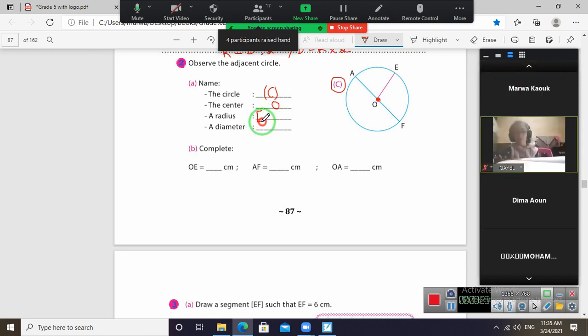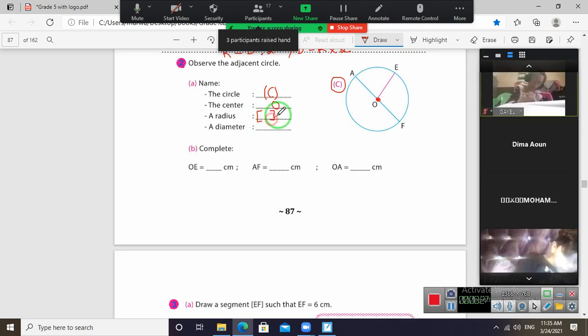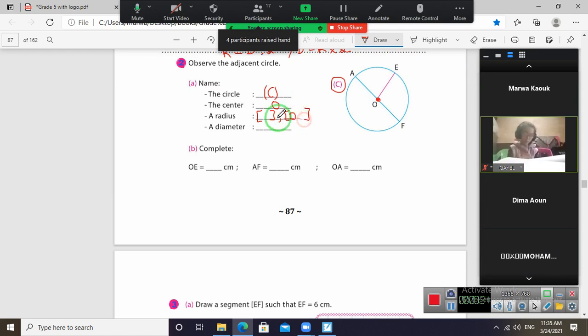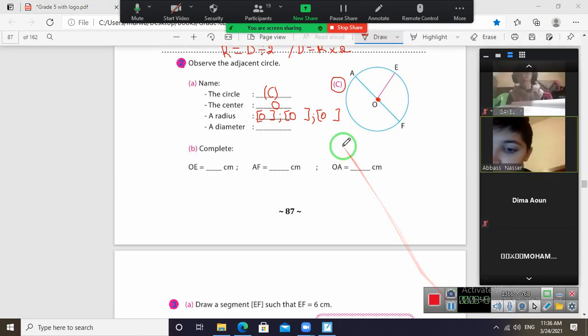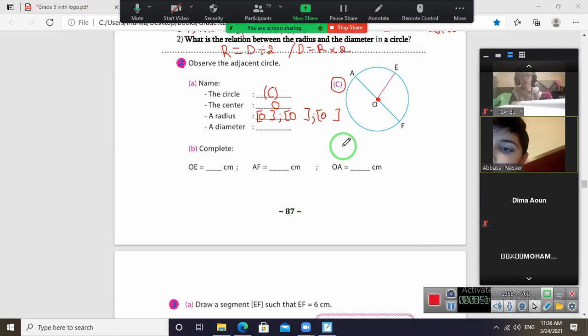Abbas, name a radius from this figure. As you know, the radius is a center and a point on the circle. So O and a point. Choose a point on the circle. Not AE, there is a center with it. For a segment we need O and another letter.